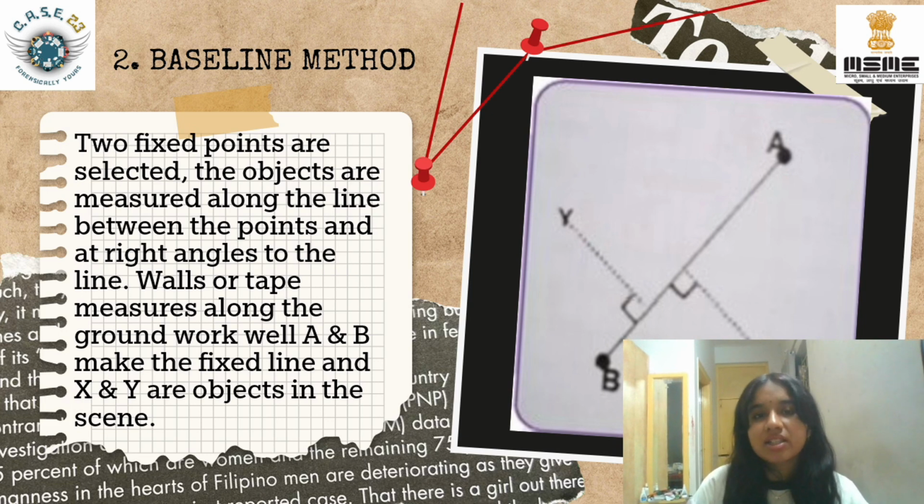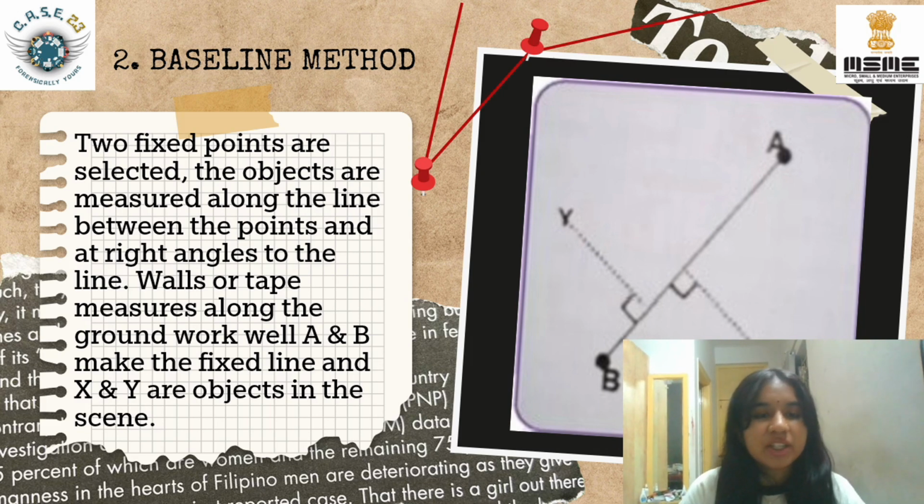So the baseline acts as the reference line for all the evidences that we will be measuring in this sketching method. Two fixed points are selected and the objects are measured along the line between the points, at right angles to the line. So basically, we will consider the objects at right angles to the baseline, perpendicular to the baseline.